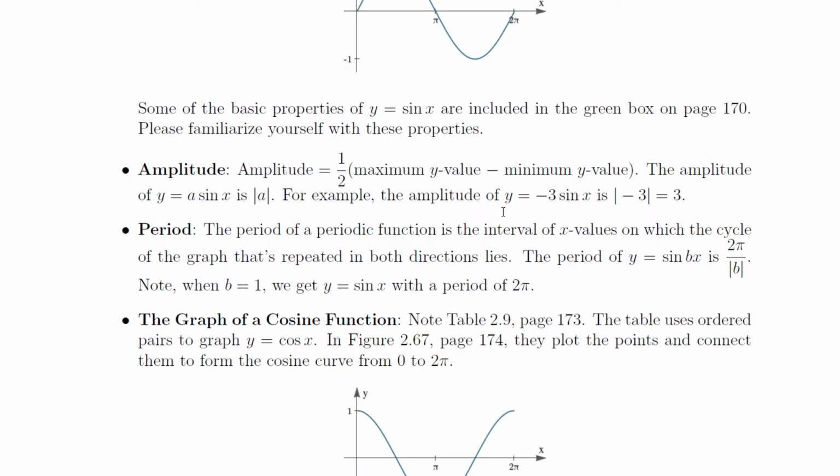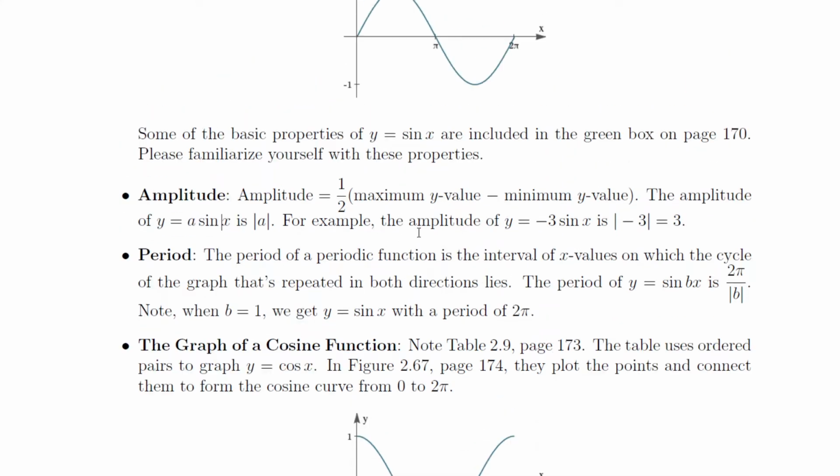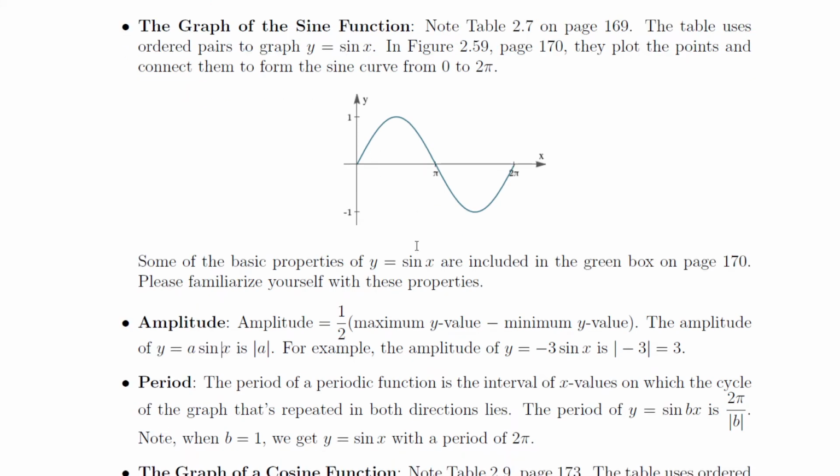Here are some of the basic properties. I do want to point out some amplitude and period. The amplitude is just going to be half of the maximum y value minus the minimum y value. So notice on this one right here, the maximum y value is going to be 1. And I'm subtracting a -1, okay? The -1 down here is the minimum.